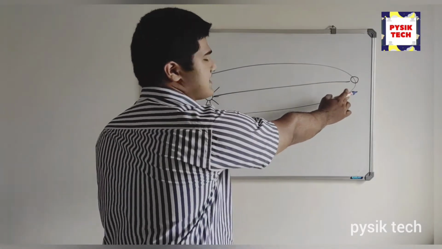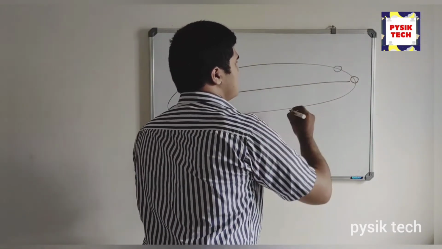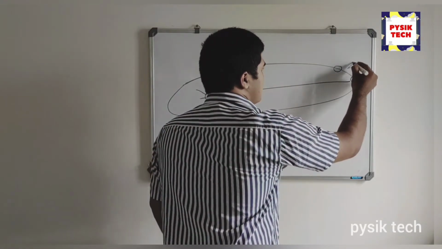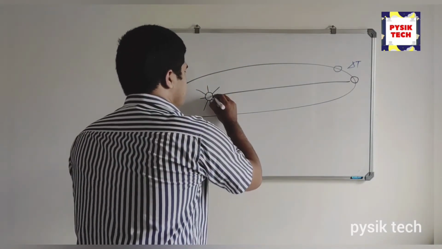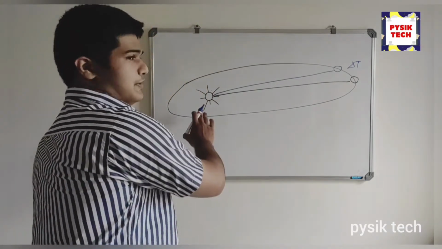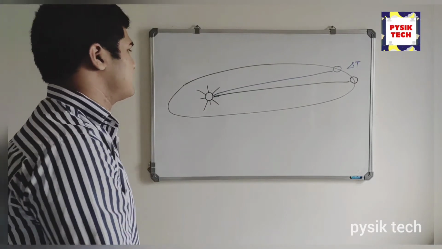If our planet moves here in a time period delta t, then this is the distance between the planet and the Sun.